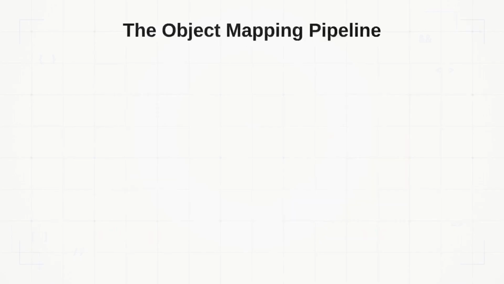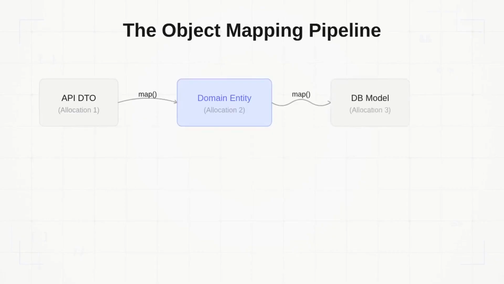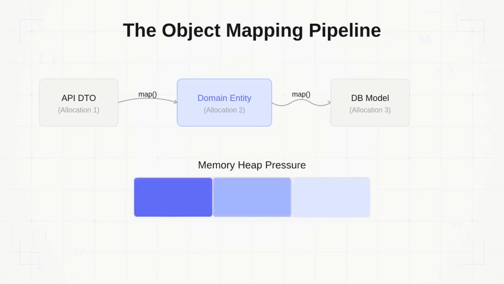The most devastating performance killer is the object mapping tax. To keep the domain pure, hexagonal architecture requires you to isolate its models. This means when an HTTP request arrives, its JSON is deserialized into a data transfer object. That DTO is mapped into a domain entity.